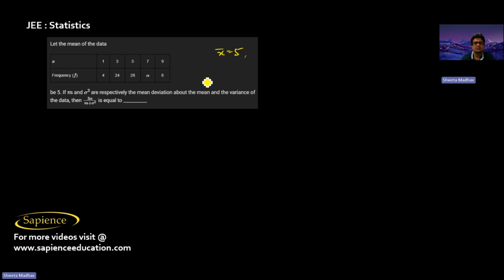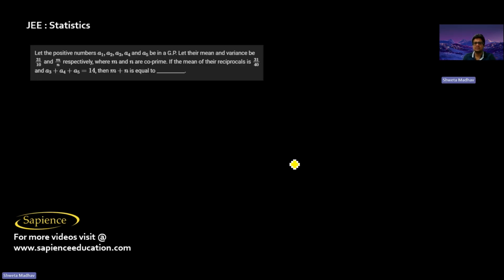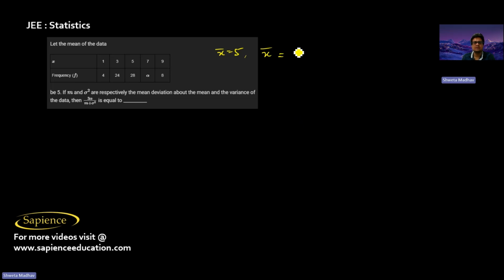Now here x bar is 5, so x bar is equal to summation fi xi by summation fi.